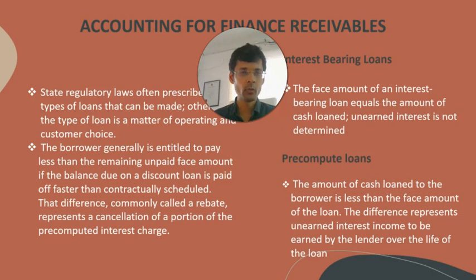There are many types of loans, which have interest-bearing loans, and there will be unearned interest on that. So separate bookkeeping for unearned interest needs to be done, as well as there will be pre-computed loans where there will be a difference between the amount payable and the amount receivable, and the difference between that will be accounted for as income of the lender.